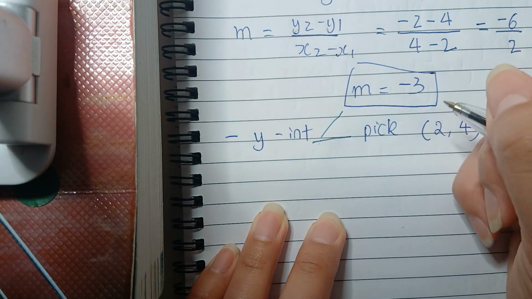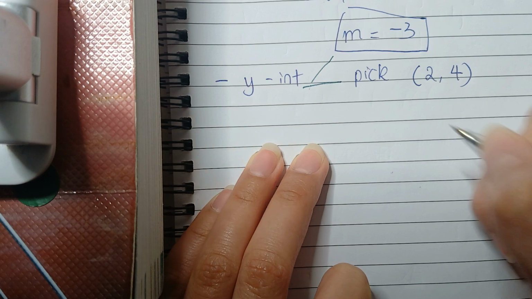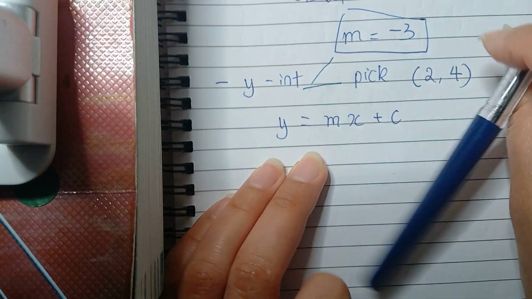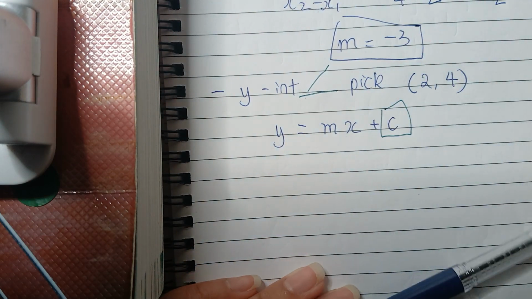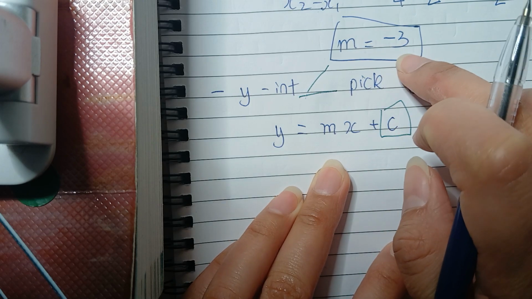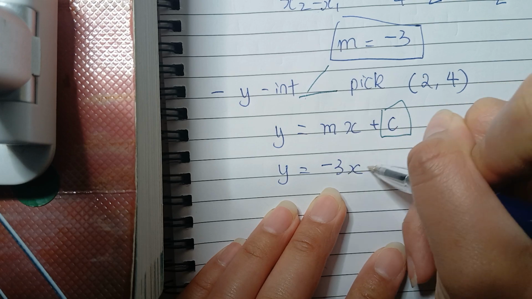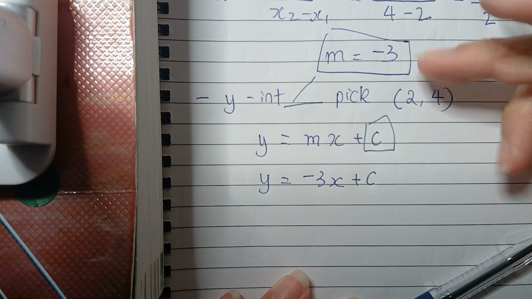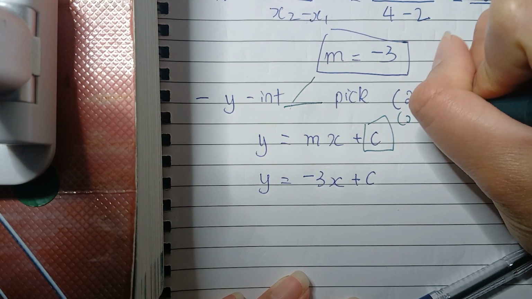If I have the formula y equal to mx plus c, my next step is to sub in the values that I have. In order to look for c, I need to know the rest of the numbers. Do you see m here? Replace m with -3, so it's y equal to -3x plus c. This point is picked for a reason. Do you remember the coordinate form, x and y?